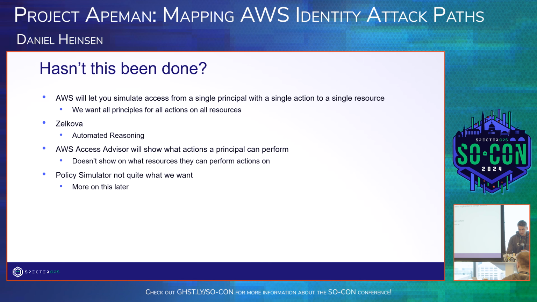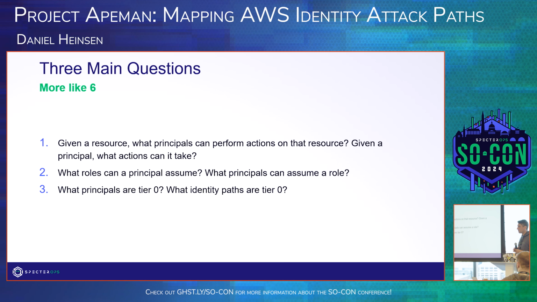So it has been done in parts, but we want to do it to serve our purposes. And specifically, we want to be able to solve this offline, right? So from an attacker's perspective, if we get that account authorization details JSON file, we want to be able to take it offline and do our analysis without making a bunch of calls to AWS, right?